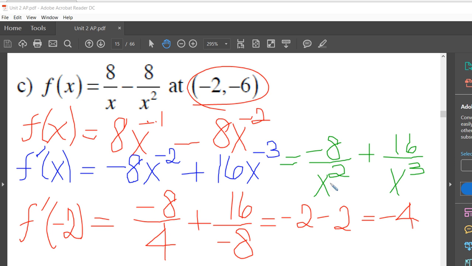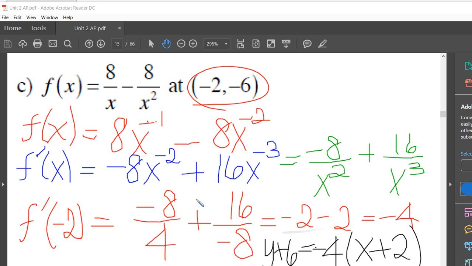That's our slope, but we still haven't written the tangent line yet, so let's write that. It becomes y minus negative 6, or y plus 6, equals m times x minus x1, which is negative 2, so x plus 2. So that is my tangent line. That's it.